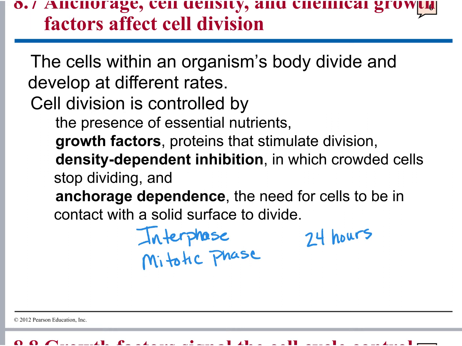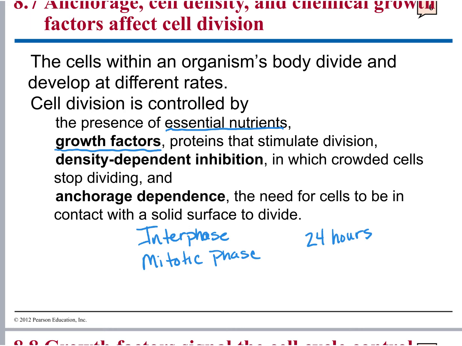But some of the factors that control cell division would be, are there enough nutrients present for the cell to complete its life cycle? Another thing that is going to regulate cell division are what we call growth factors. These are proteins that are going to stimulate cell division.